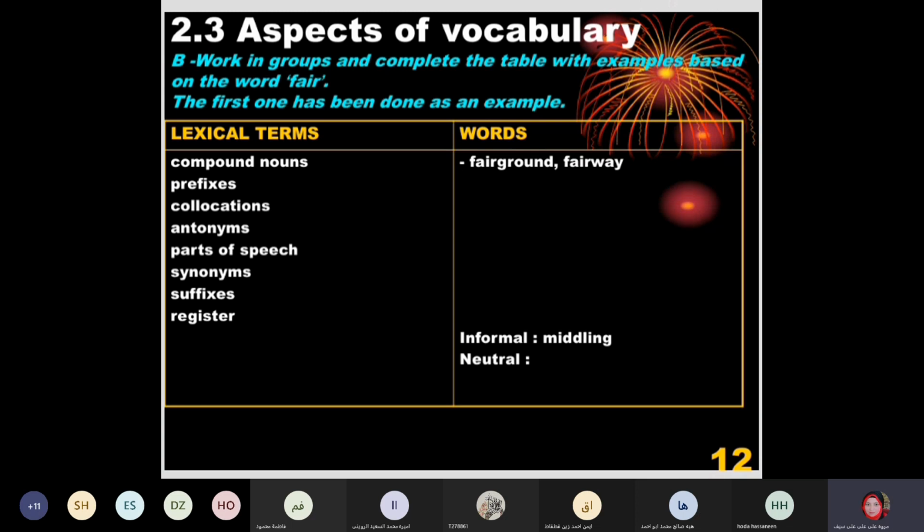So this is terminology. It's the style of my speech, the style of my vocabulary.